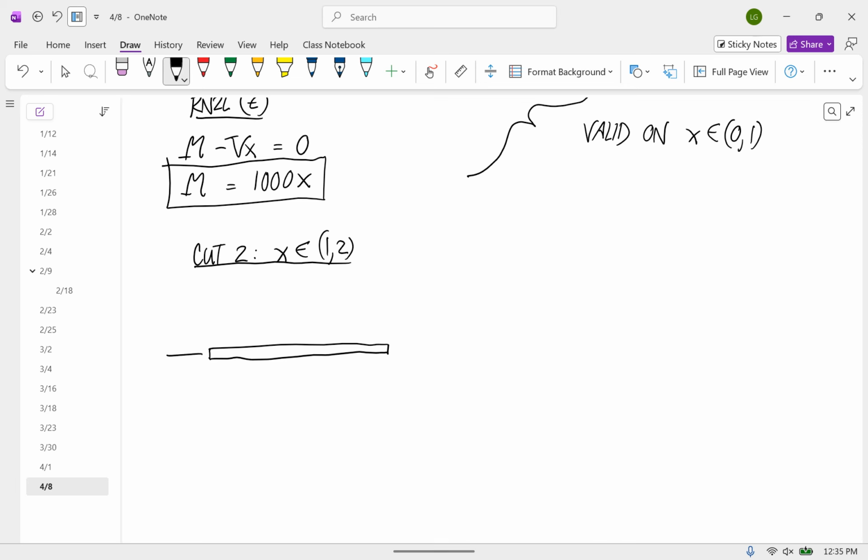This time we have the 4,000 and the 1,000, and we also have the 4,000 going this way. And we also have the internal loads.